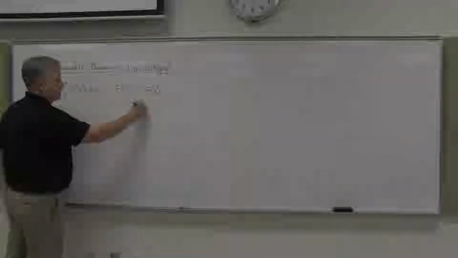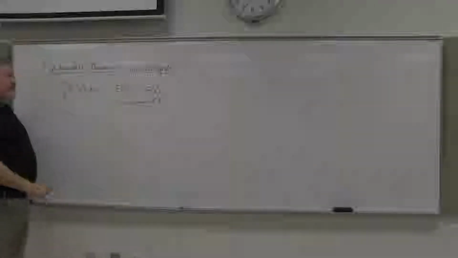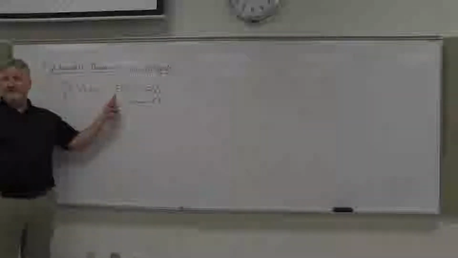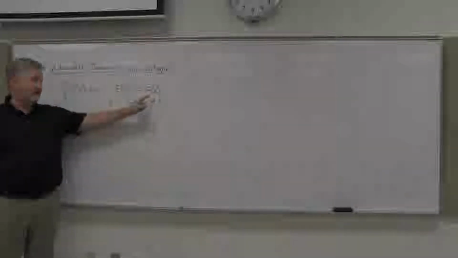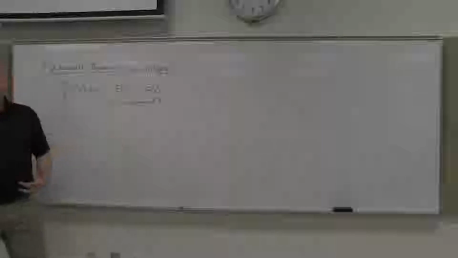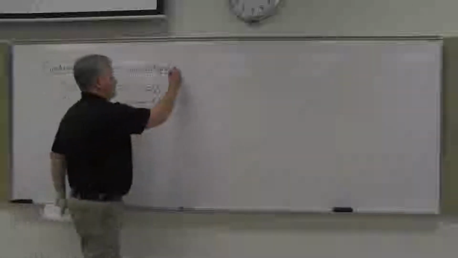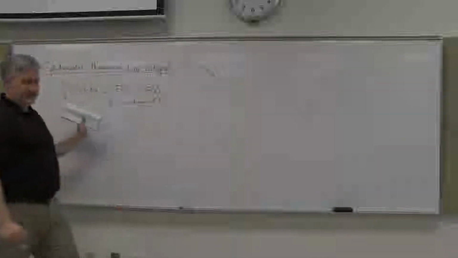F is the antiderivative of F prime. All I have to do is do the antiderivative, evaluate that at b, and then subtract the antiderivative at a. All right. So that's the fundamental theorem of calculus.